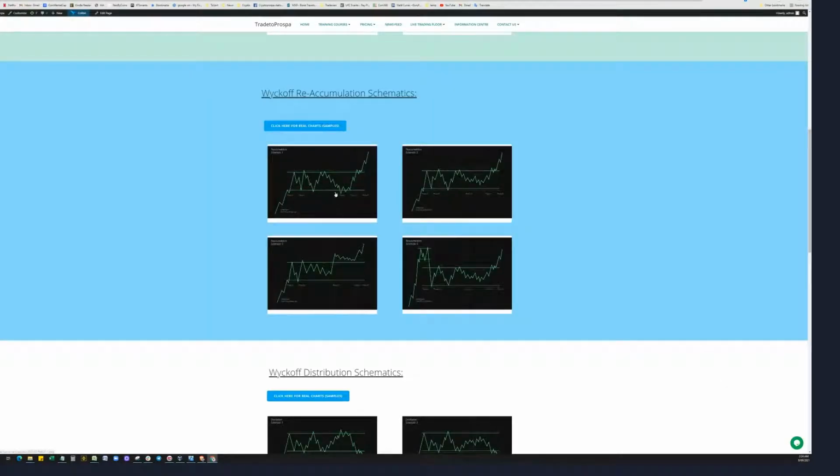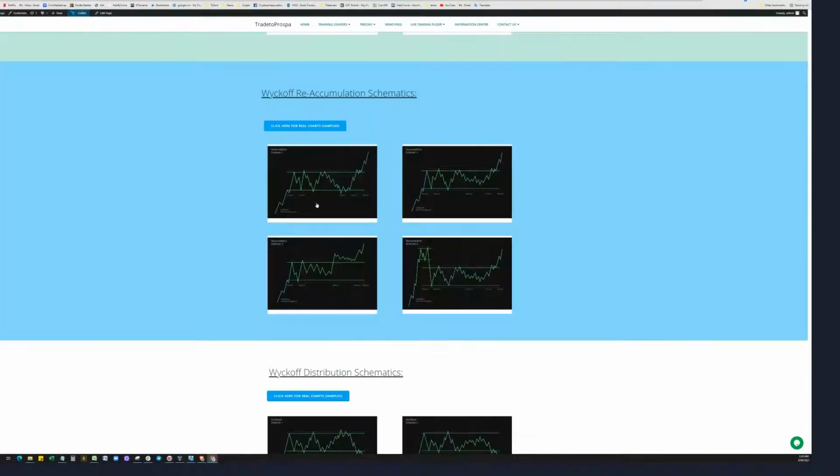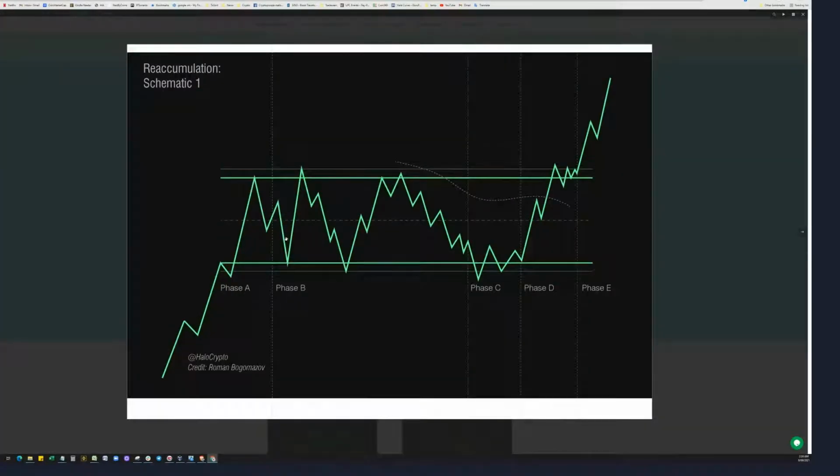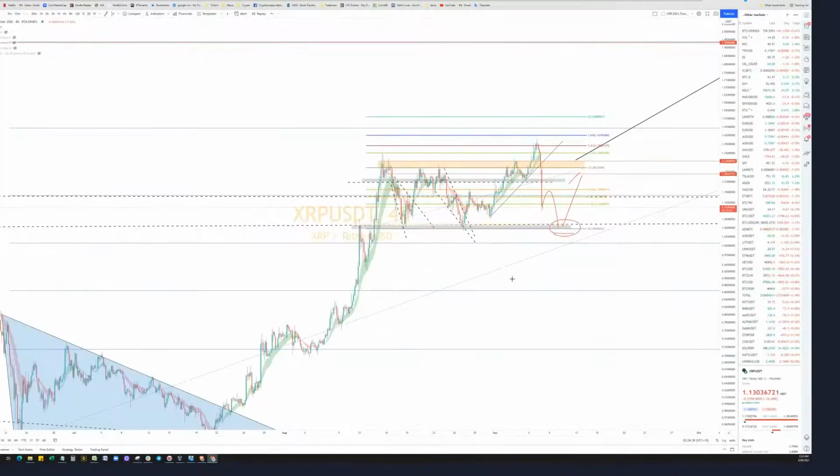So we've got 1, 2, 3 touches, and this has got 2 touches, so it can do the 3rd touch. So this one could play out. So what it does is it does 2 attempts to the top, or 3rd attempt, it gets pulled back down for the 3rd, and then up it goes. So I think this could be possible for Ripple.